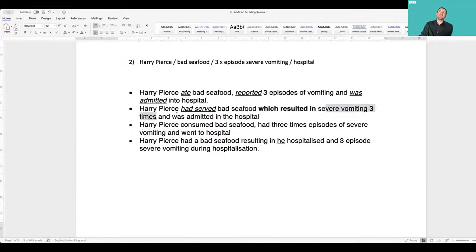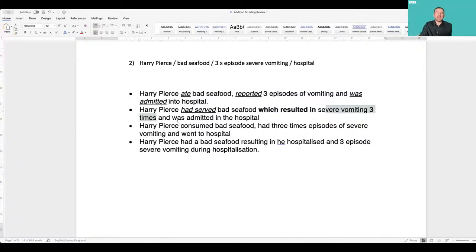What does severe vomiting really mean? Is severe vomiting normally based on how much they do it or how violent it is when they do it? I think that's a strange one. I don't think you need to say severe vomiting 3 times. Plus, vomiting 3 times is not the same as an episode of vomiting for me.